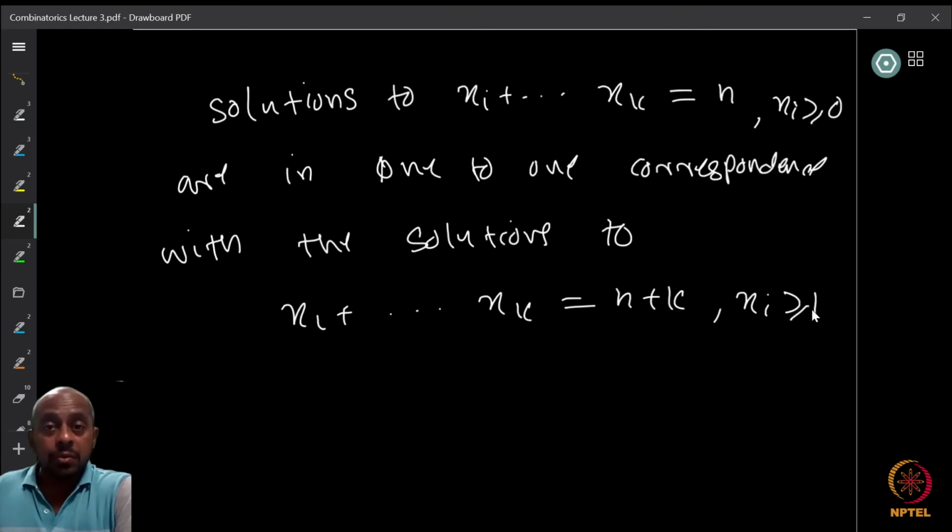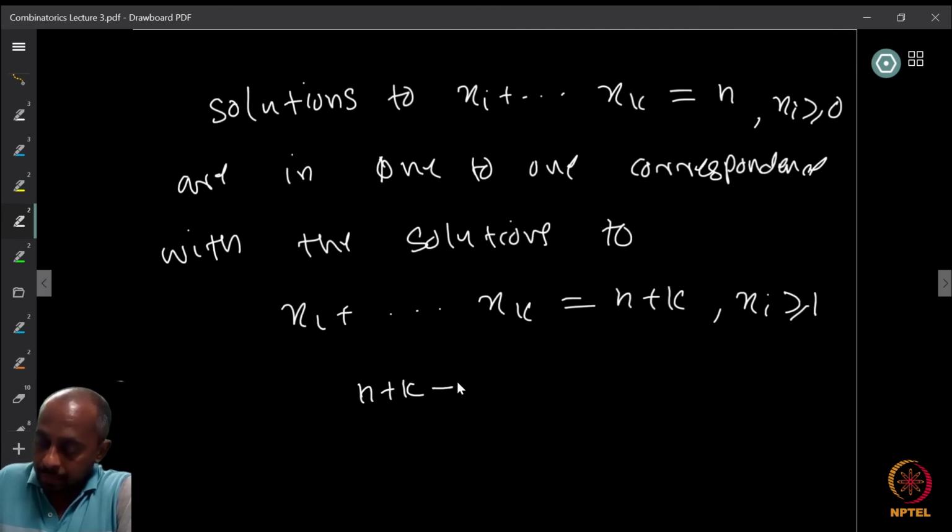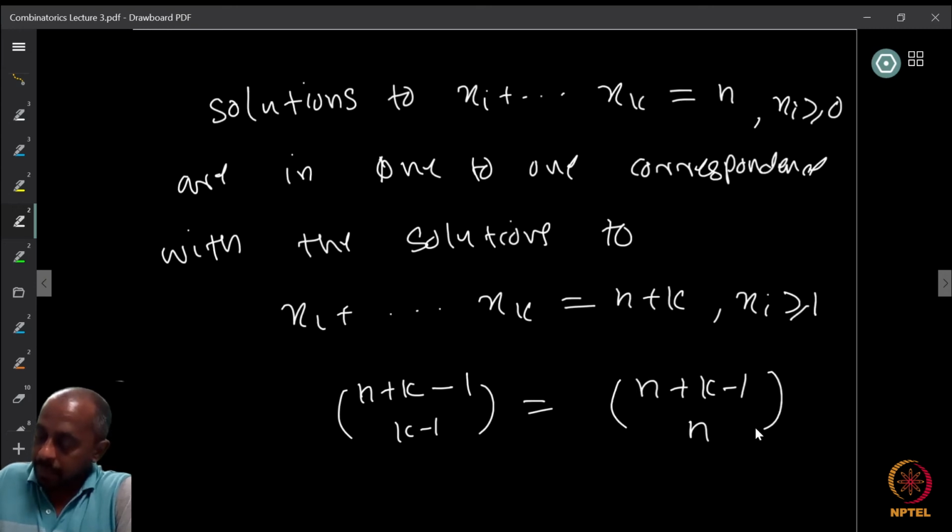And we know how to do this because we just did it in the previous exam. It's basically n plus k minus 1, choose k minus 1, which is equal to n plus k minus 1, choose n also, by the property of binomial coefficients.